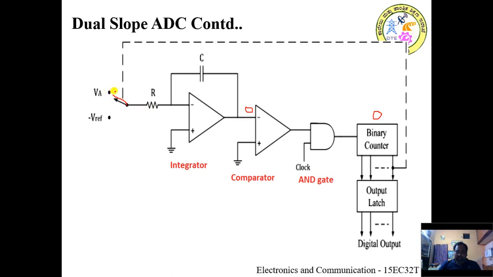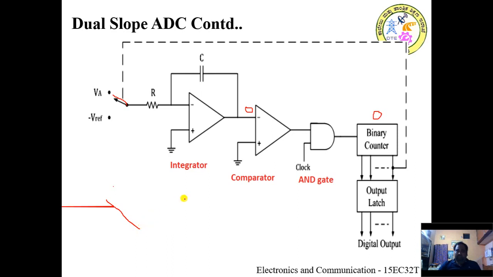The analog input voltage VA is integrated by the inverting integrator, and it generates a negative ramp output. So you will get a negative ramp output like this. This is a negative going ramp.